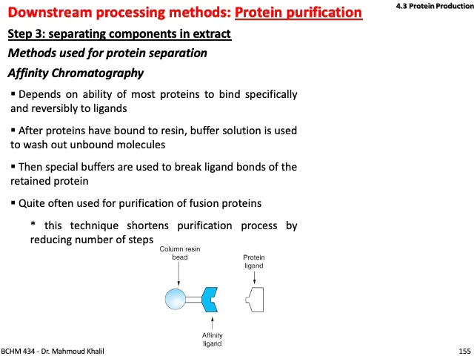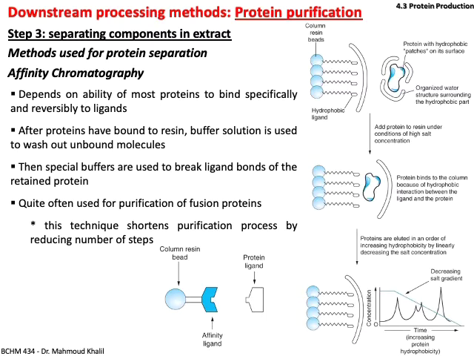So you can see here, you have the column resin bead with the affinity ligand attached to it, and you have the protein that will bind to this affinity ligand. On the figure, the top one, you can see the column resin beads with the hydrophobic ligand, and you have the protein of interest with hydrophobic patches on its surface.